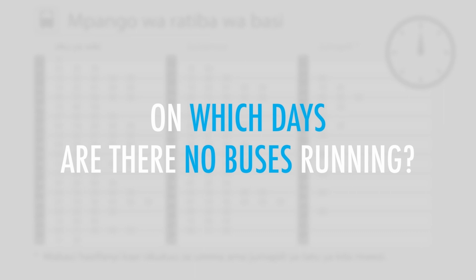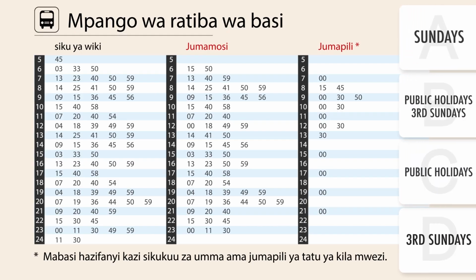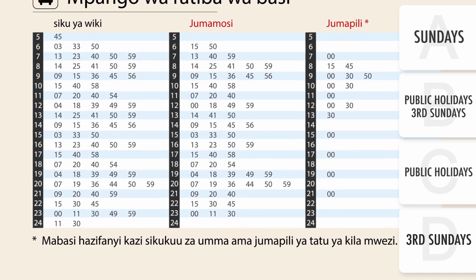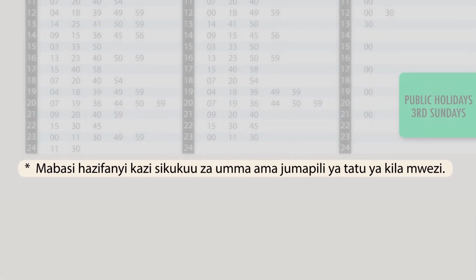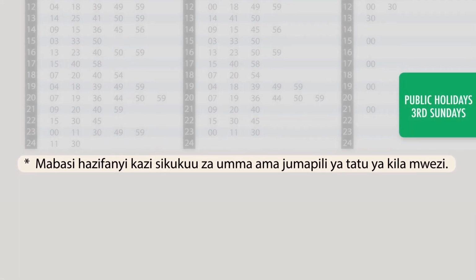On which days are there no buses running? There are no buses running on public holidays and the 3rd Sunday of every month. Sikukuu za umma, Jumapili ya 3 ya kila mwezi.